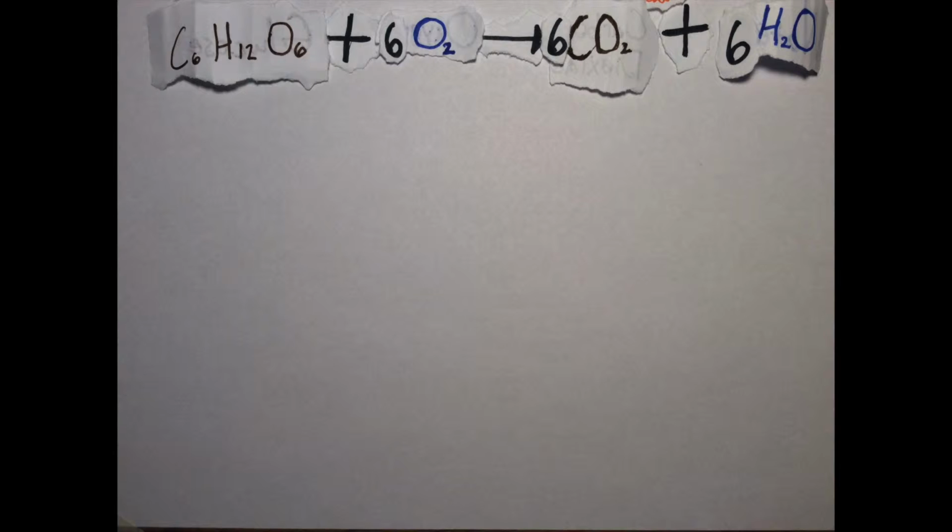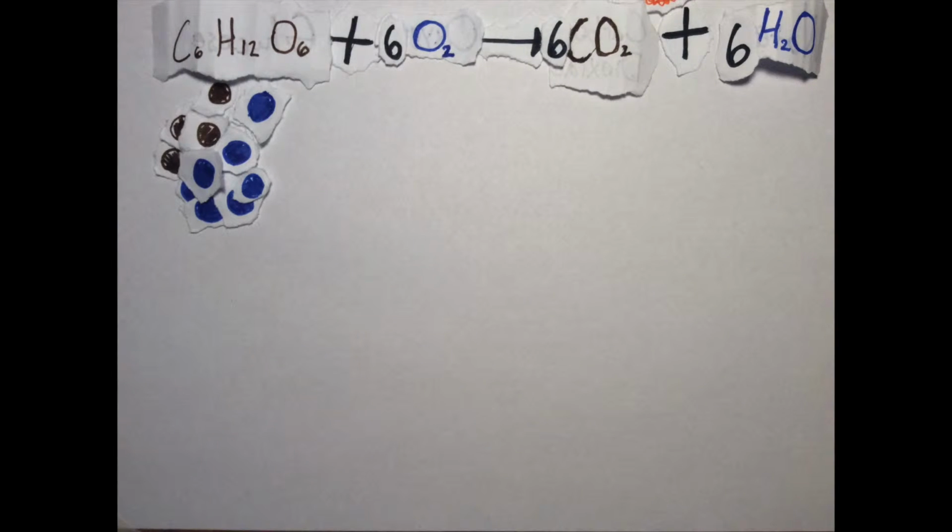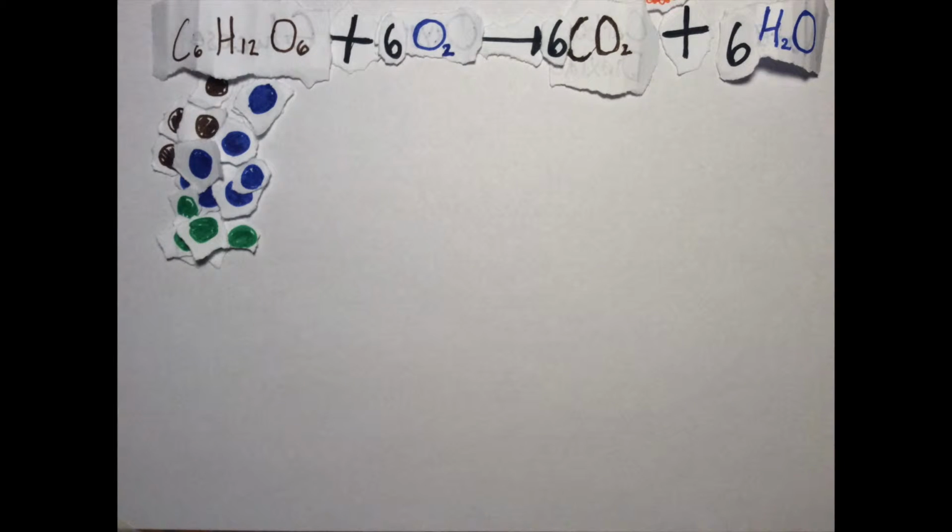Let's draw out each individual atom. We have 6 carbon atoms in a glucose molecule. We have 12 hydrogen atoms in a glucose molecule, and we have 6 oxygen atoms in a glucose molecule. And they're all bound together, all bundled up.